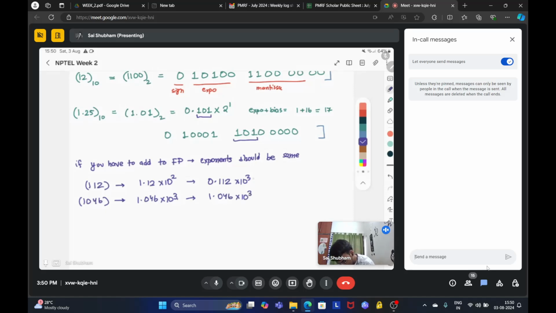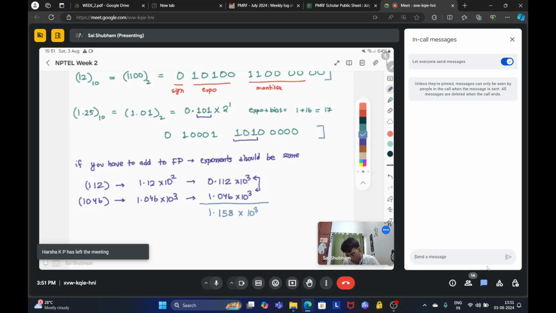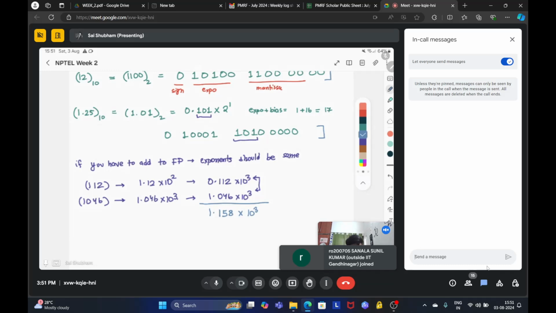This way you can see that the exponents are the same. Now I can perform addition. So this you have to keep in mind.